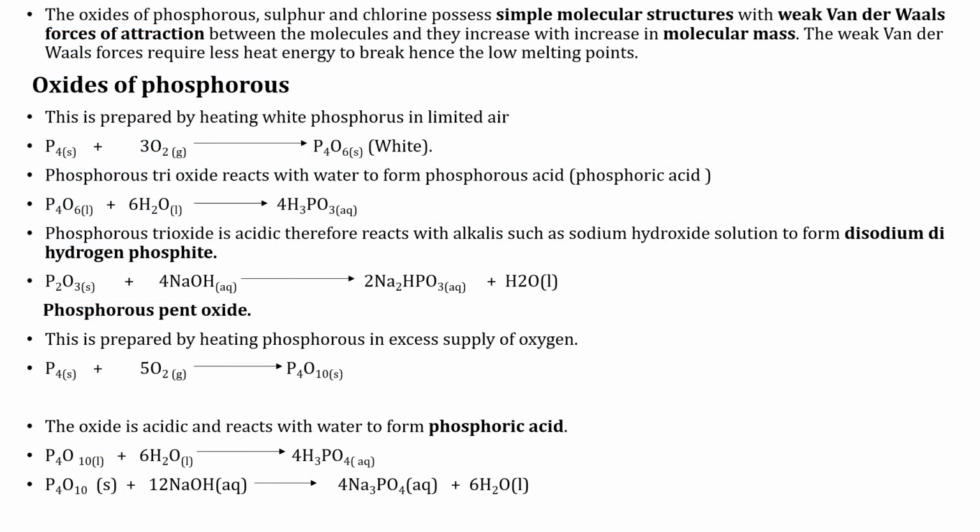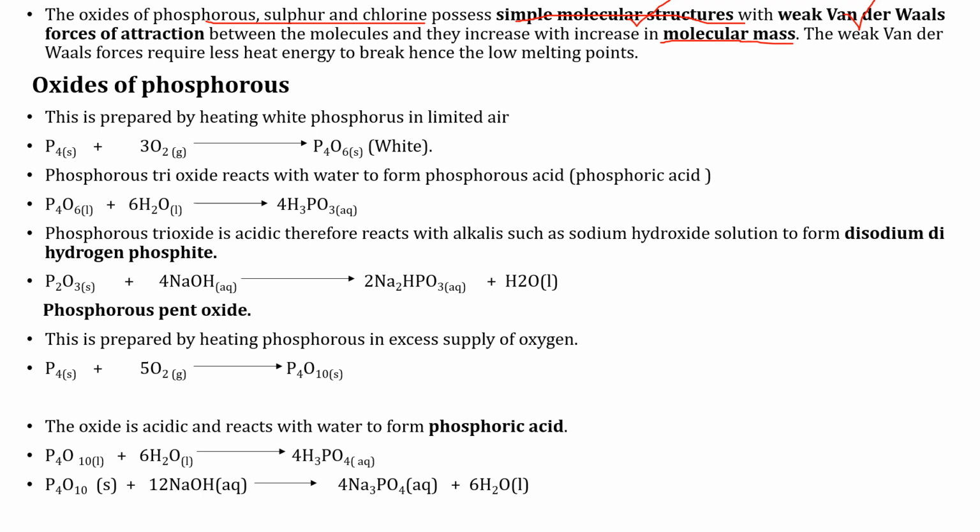So in proceeding, we are saying that oxides of sulfur, phosphorus, and chlorine have simple molecular structures. And I've explained melting points. You first state the structure. After that, you talk about the forces holding the structure, and you talk about what determines their strength or magnitude. So for a simple molecular structure, the forces holding it are always weak Van der Waals forces of attraction. And what affects their strength or magnitude? It's always going to be molecular mass.